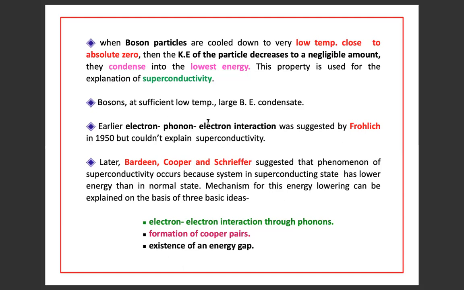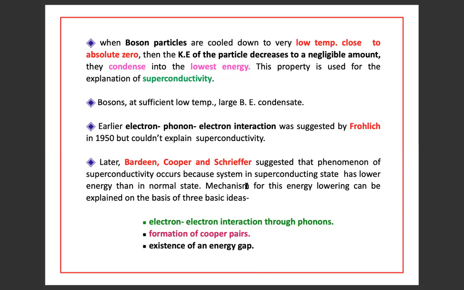Earlier, electron-phonon-electron interaction was suggested by Pauli in 1950, but could not explain the behavior of superconductors. Later, Bardeen, Cooper and Schrieffer suggested that the phenomenon of superconductivity occurs because the system in the superconducting state has lower energy than in the normal state.